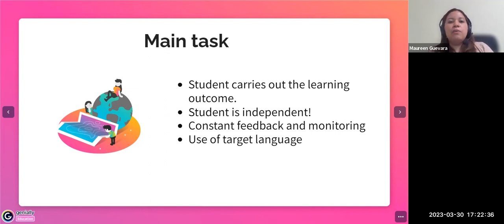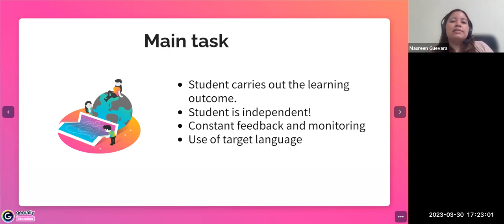Now, here I want to make sure that you understand something that is very important. If during the pre-task our students were exposed to oral activities, just oral activities, asking questions, practicing dialogues, etc., the main task has to be an oral activity, because of course we need to be coherent.